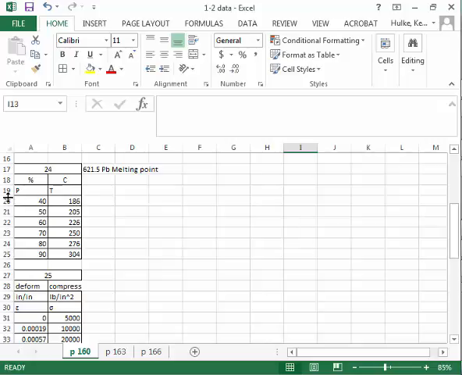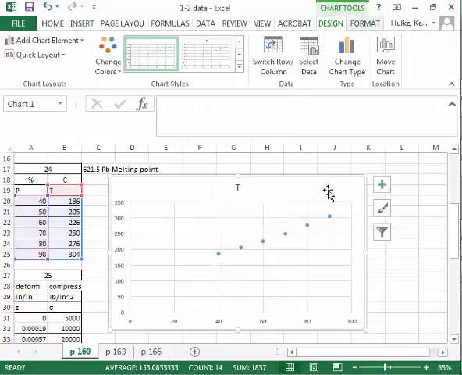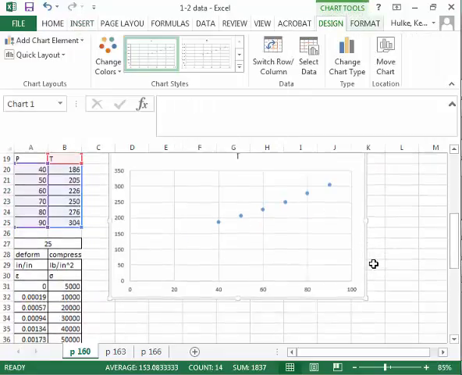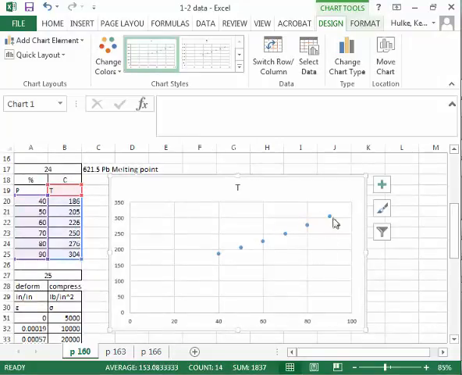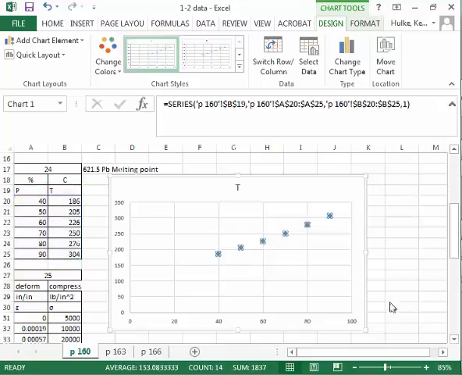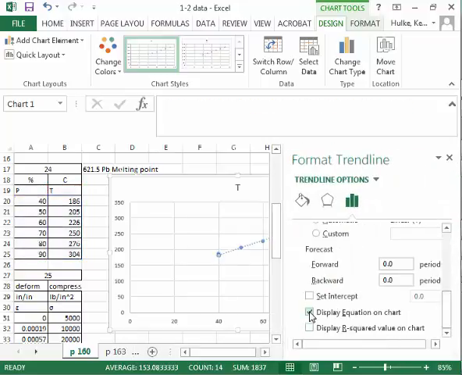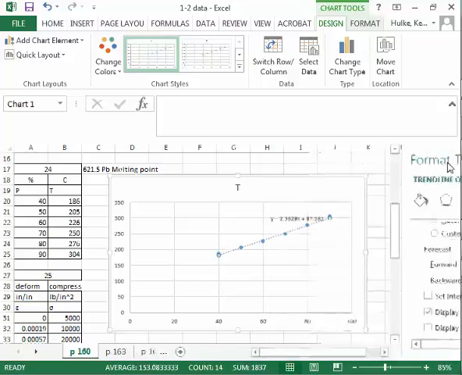So here's how you're going to do it. You select from the letter that it's standing for, and you select the data. Then you go to Insert, and we're going to insert a scatter plot. And if you notice, it looks linear, and in fact, if we right-click on it and add a trend line, I'm going to display the equation on the graph, so that we can see what kind of a line it is.